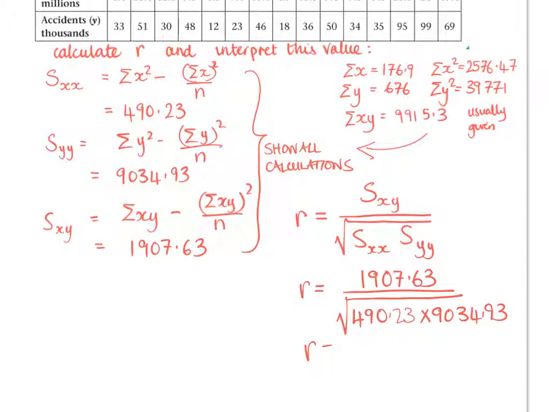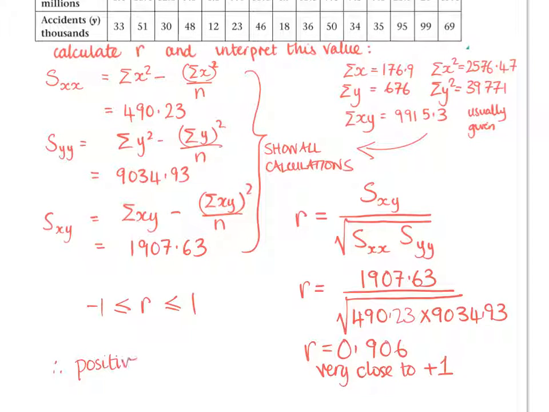So r is equal to 0.906. Now, as we said before, r lies in between -1 and 1, and this is very close to +1. Therefore, we've got a positive correlation.